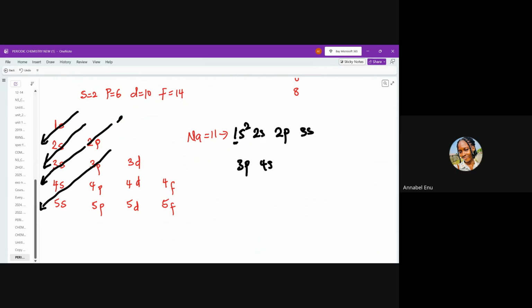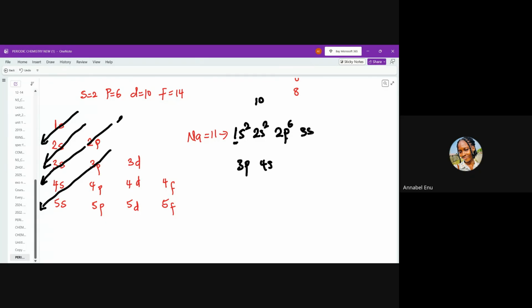This is 2s. We're still dealing with s, so we're having a maximum of 2 electrons. This is 2p. Now we're dealing with p, so it will have a maximum of 6 electrons. How many electrons do we now have? We now have 2, 4. 4 plus 6 is 10. So we're actually counting the powers. These 2, 2, 6, these are the electrons.